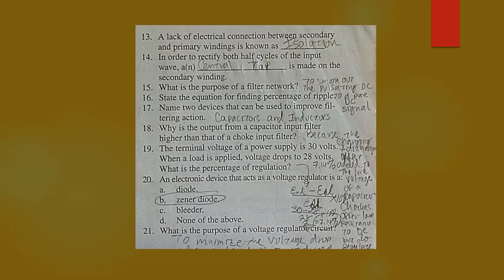And that was attempted to be worked out with the formula E NL minus E FL divided by E FL times 100, and that ultimately gives us 7.14%. You can see the problem worked out under question 20.